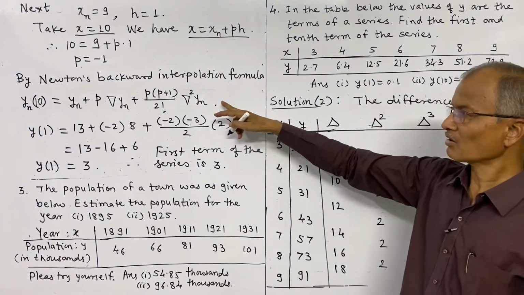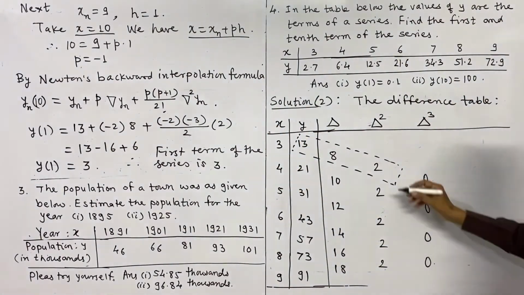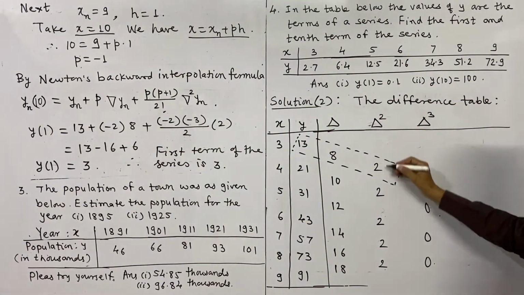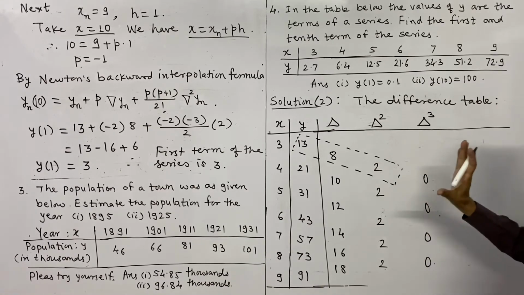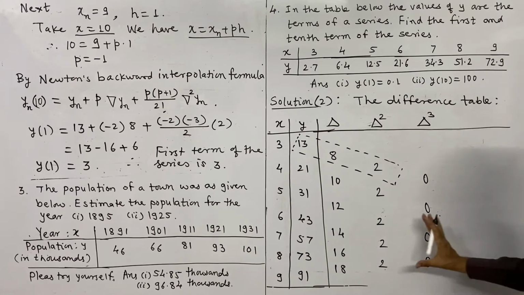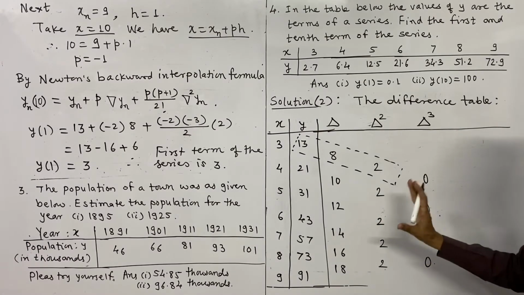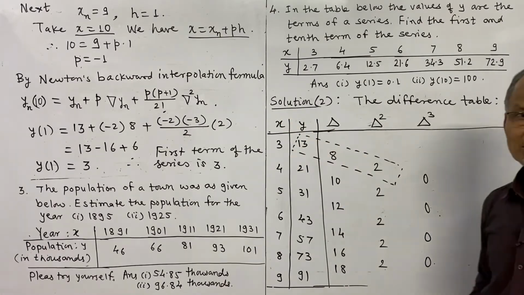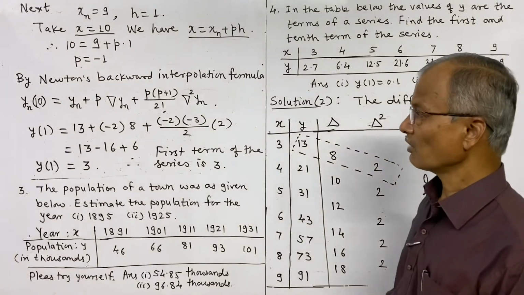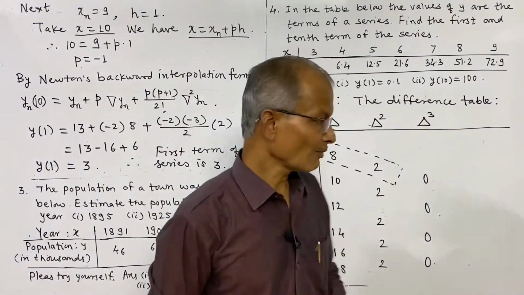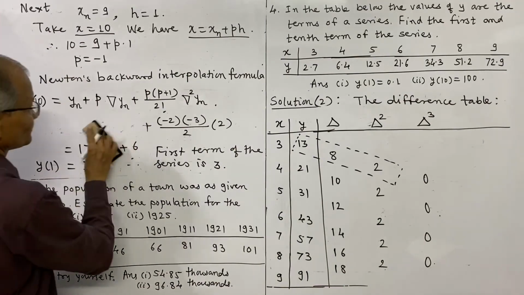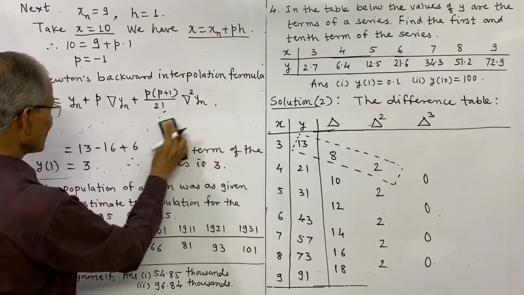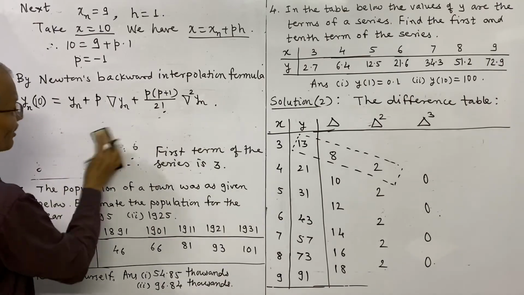But we are not writing further terms because only the second differences become constant. Third and onward differences will be 0. So by observing the table, up to how many differences are non-zero, up to that we have to write the extension of the formula. And now we will put these values. While putting these values, you see y at 10, what are the actual values from the table?